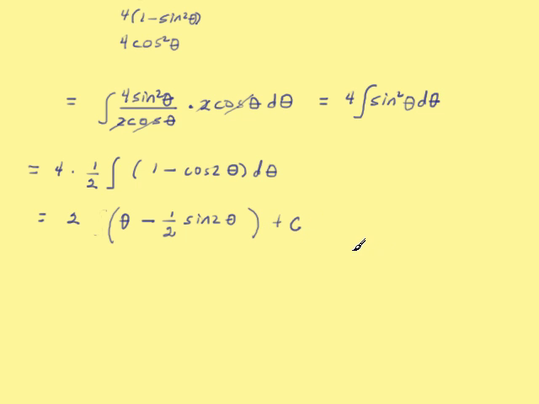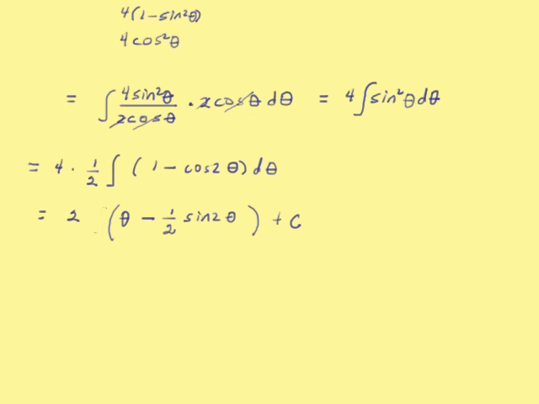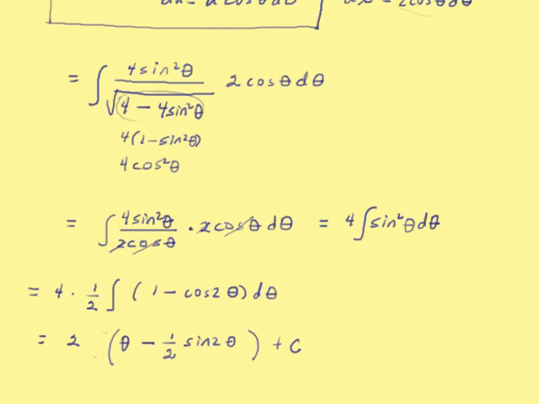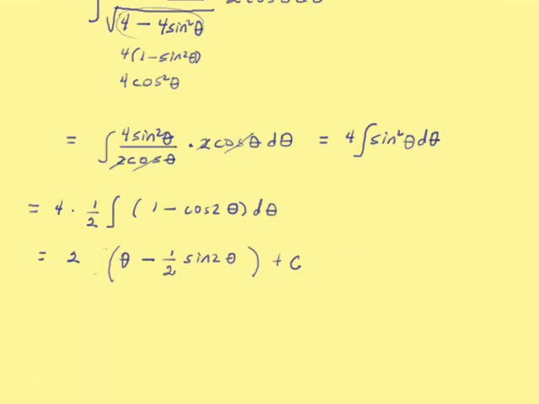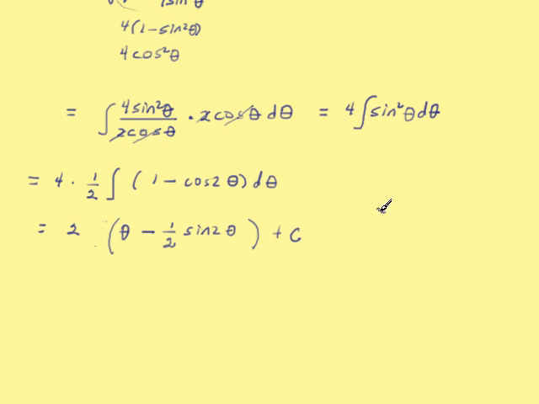And now we want to convert back, so here's the point where we draw our triangle. Let's go back to this original substitution. Let me solve for sine theta. So we have x over 2 is equal to sine theta. Let me write this down over here: x over 2 is equal to sine theta.